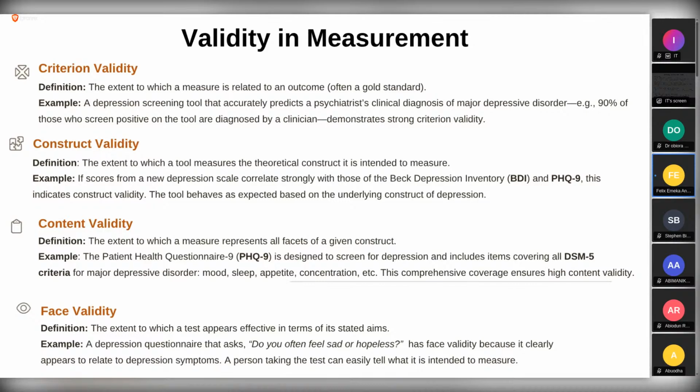So that's what the content validity is, meaning that the tool you have designed is supposed to measure one thing. You have to ensure that each of the items in that tool is measuring what it says it's supposed to measure. So you have to assess each of the questions.